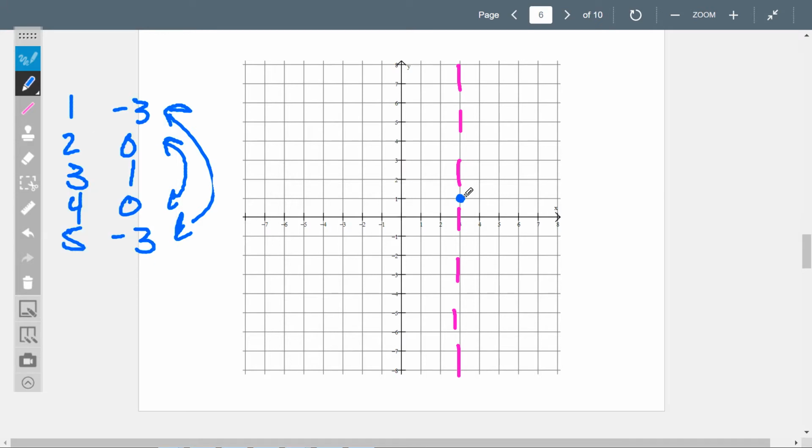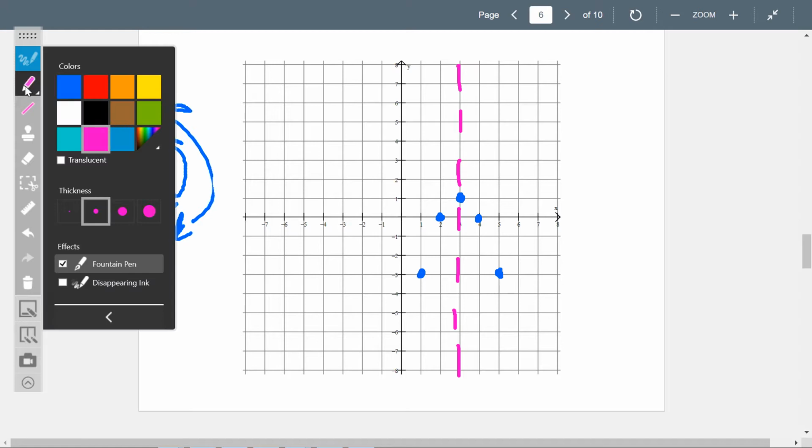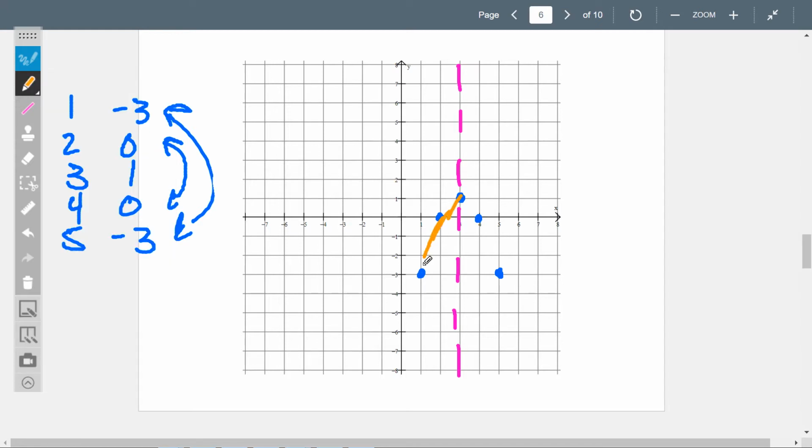It's at 3, 1, which is right here. And then we have the points 2, 0, and 1, negative 3. And then on the other side, we have 4, 0, and 5, negative 3. And we can see our graph here. And it should be a parabola. So make sure you don't make it a point, okay, because it should be a curve. So it curves up here, and it looks like this.